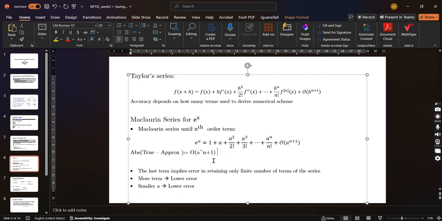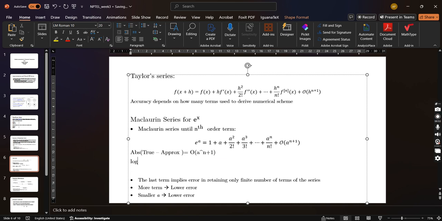Now if I take log of both the sides, then I can write this as my log of error, and I can also take a log on this side. So it's not exactly equal to, but some sort of approximation, so we'll just use a tilde over here, and I can write it as n plus 1 and then order of log a, right?